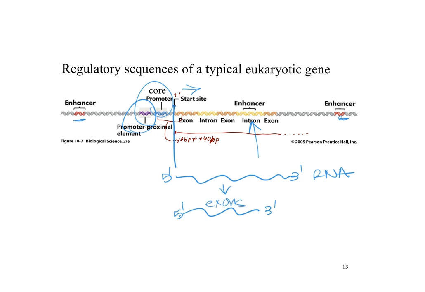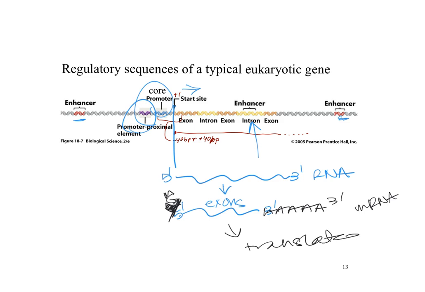There's our processing. Don't forget your cap. Cap it, put the little hat on that guy, the upside down G methylated cap. And then don't forget our tail, to give us our mRNA. And then, boom, go get translated. Yeah, that's what we're talking about.